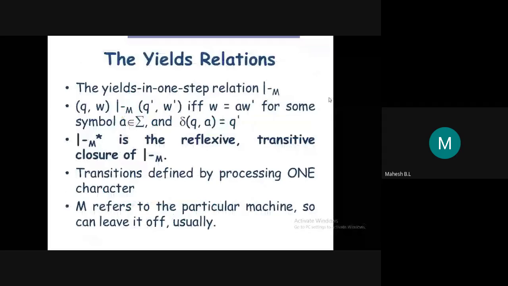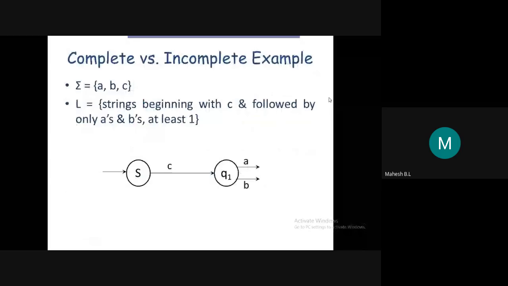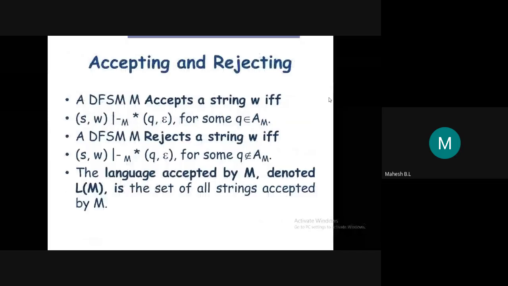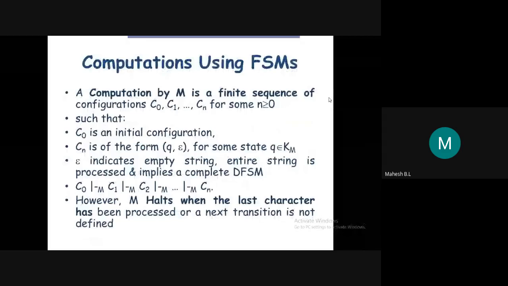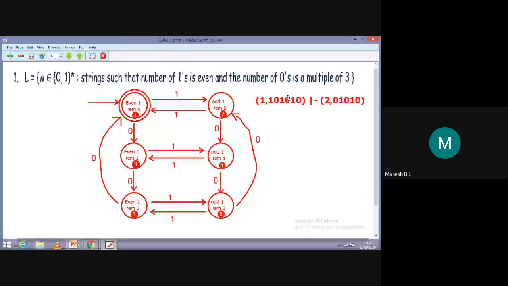Then you have computation. Computation is nothing but a sequence of configurations. This is the first configuration, second configuration. If you go on writing like this, you get the final configuration where the remaining input will be epsilon, because in each step you consume one symbol at a time. You consumed the first symbol, you got this configuration; consume the next symbol, you get another configuration.